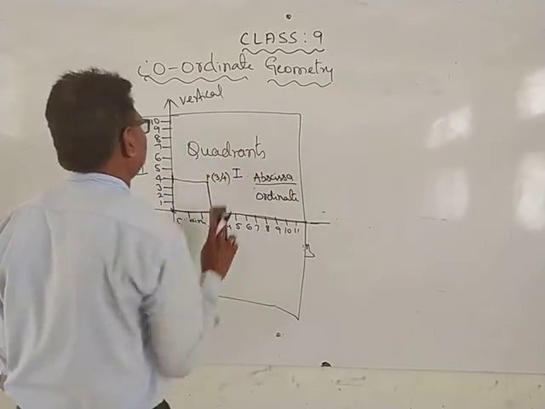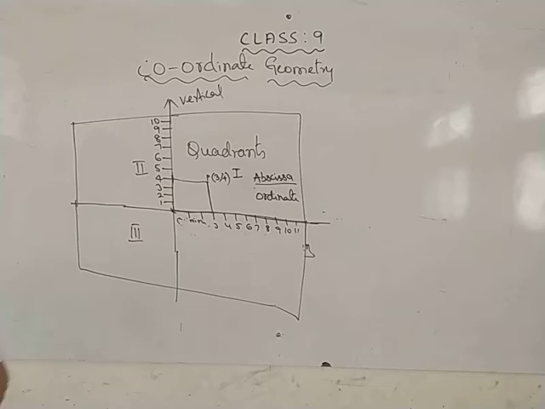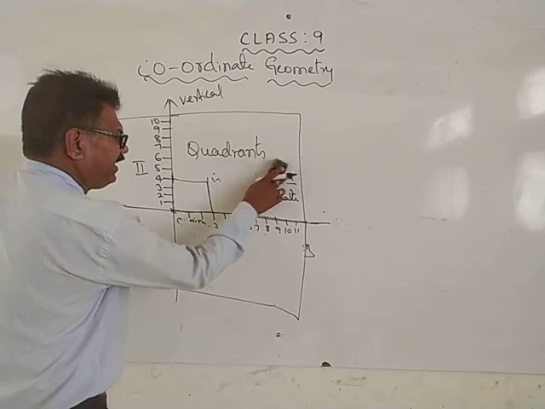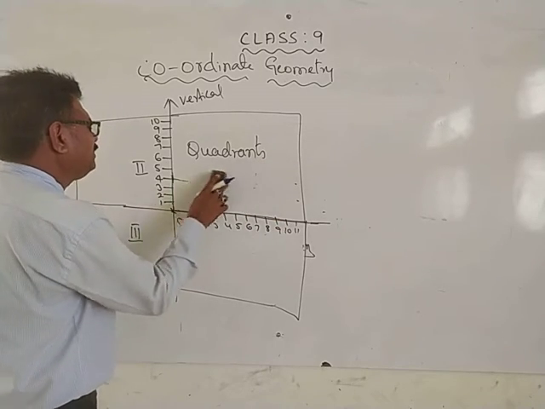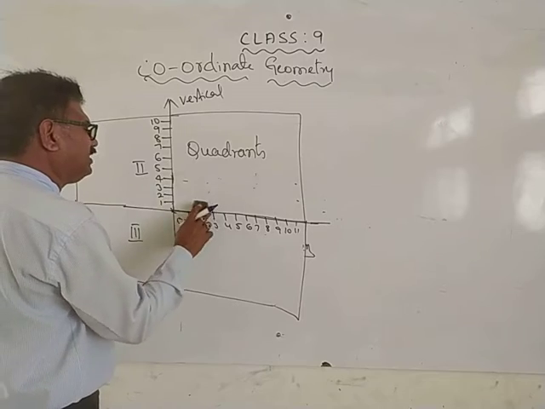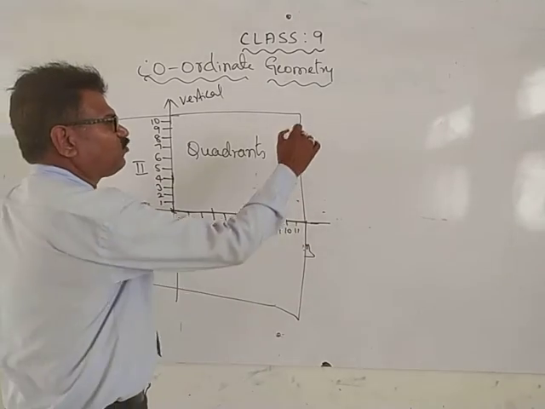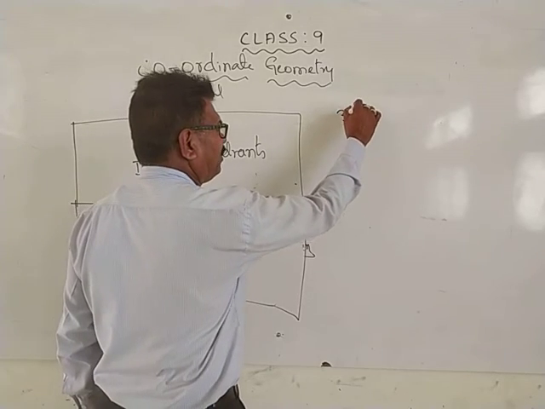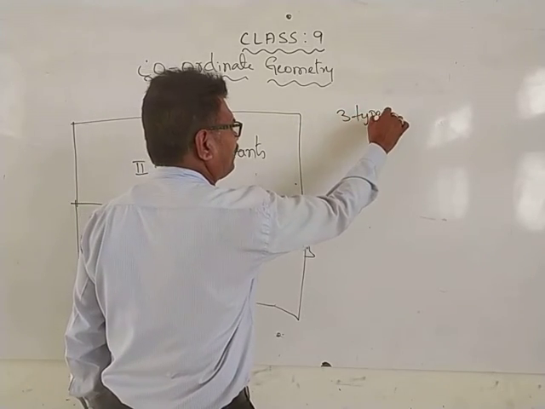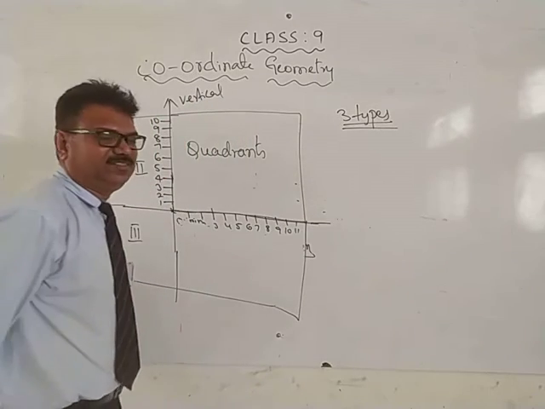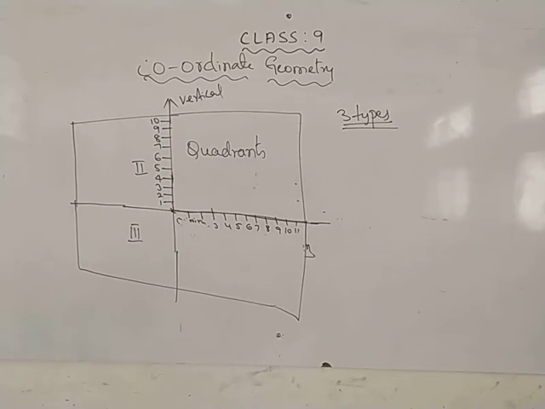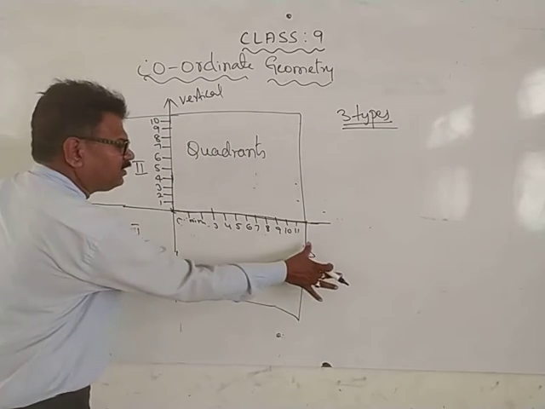Now, if you understand these four quadrants, then 50% of this coordinate geometry is completed, because only 3 types of questions will be asked in the examination. Very simple types.